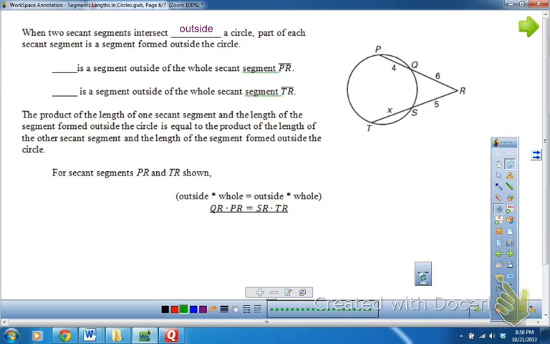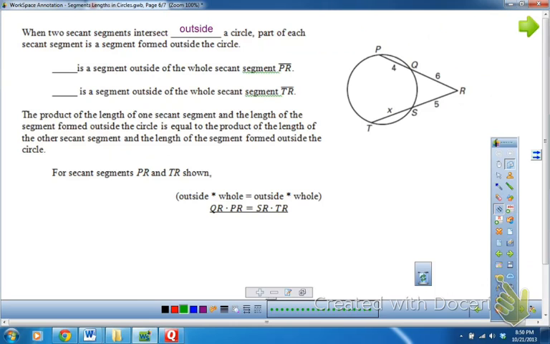And then if you turn the page, the last two things talk about if you have two segments meeting outside of a circle, if you have a tangent and a secant, or two secants that meet outside of a circle.